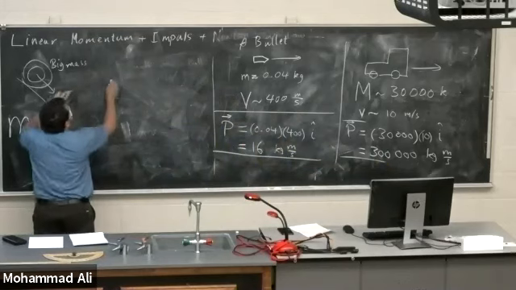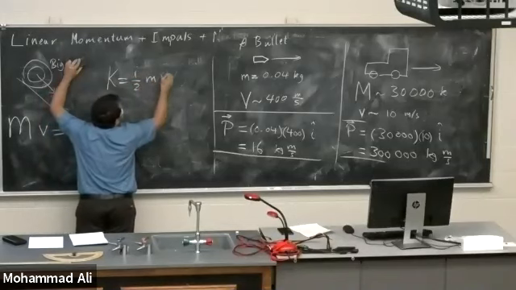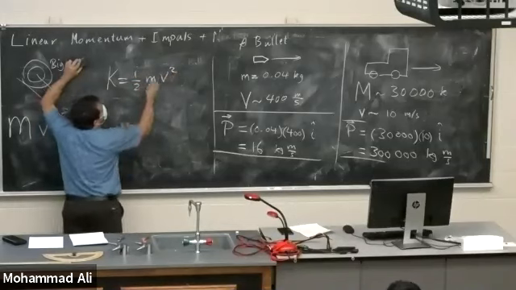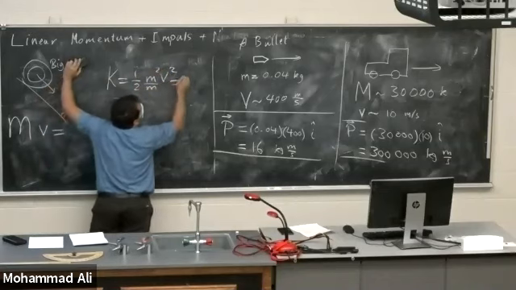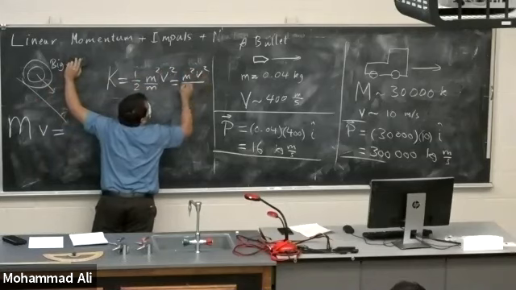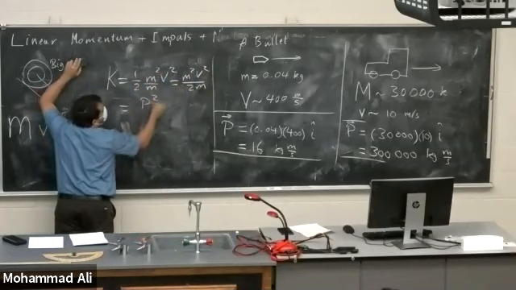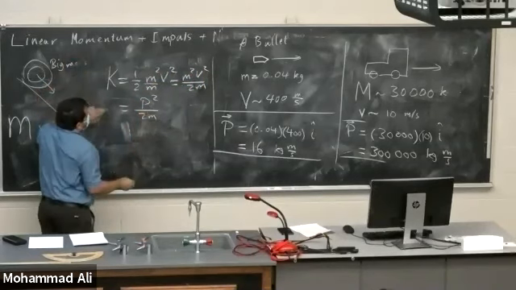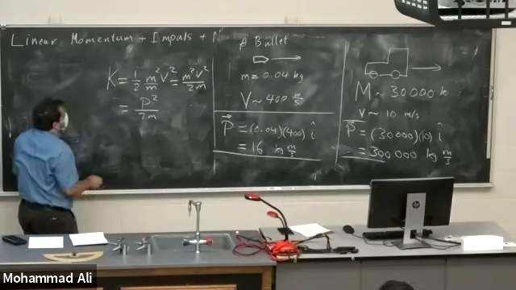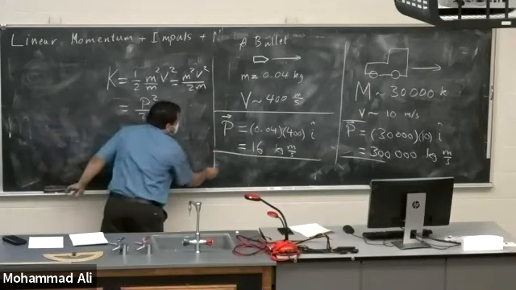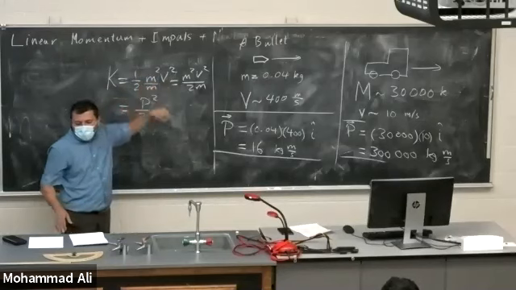This is a good connection. 1/2 mv squared, multiplied by m and then divided by m, will be m squared v squared over 2m. mv is p, so it is p squared over 2m. There is a direct relation between them. So the kinetic energy in this case will be p squared over 2m, which is the same relation, half mv squared.